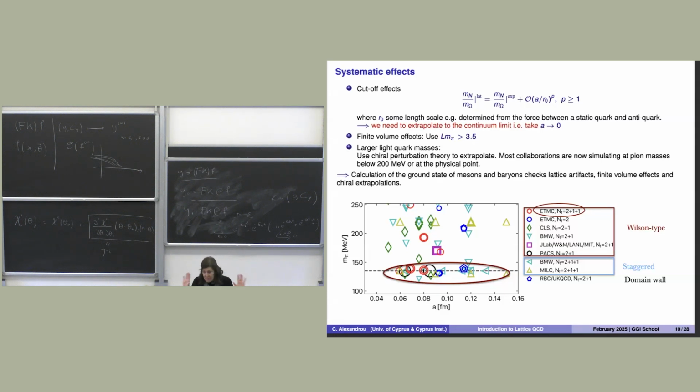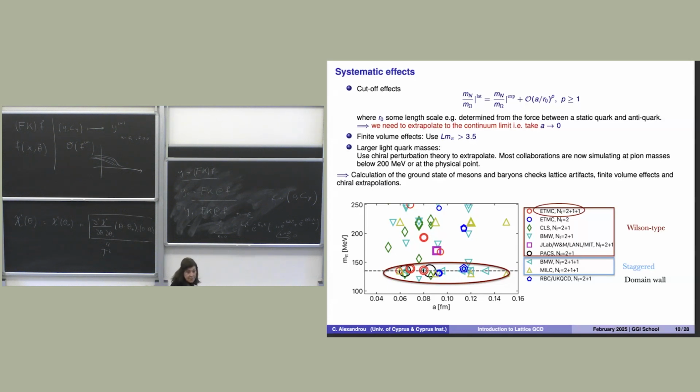We don't do that, but there are many people who do, because the configurations are available. As you see, this is a collaboration that can simulate very coarse lattice spacings. You see this point here, it's 1.15 fermi. We cannot do this. We have to go to very small lattice spacing to simulate.